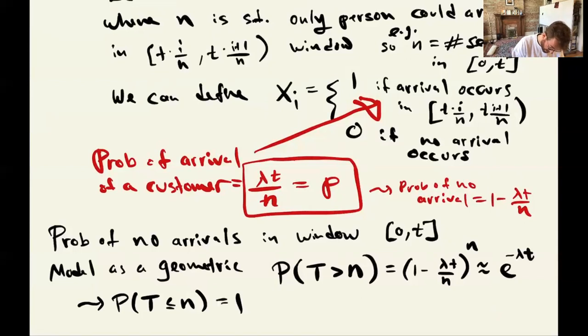And so I can think of this as 1 minus e to the minus lambda t. This accumulates the probability of someone arriving in the first n subdivisions of my window of time, 0 to t.